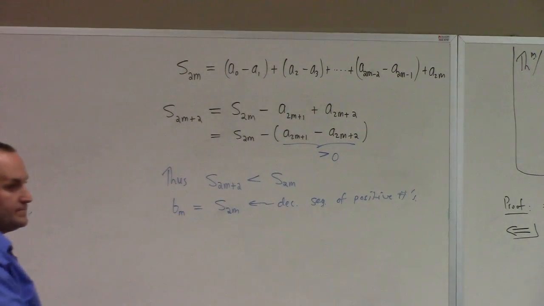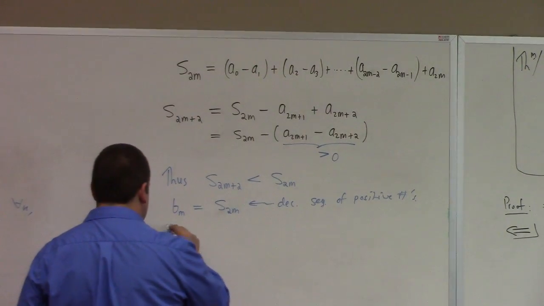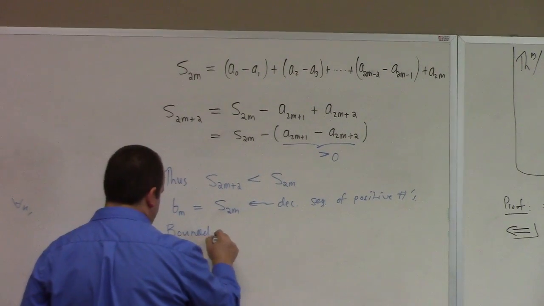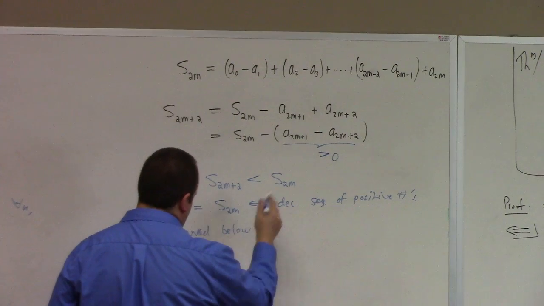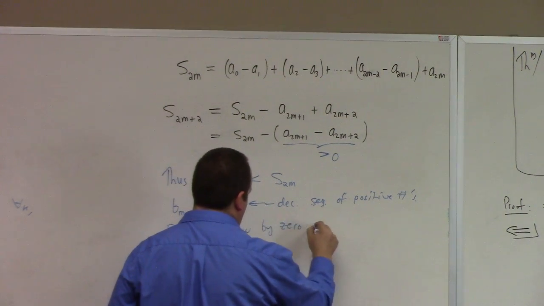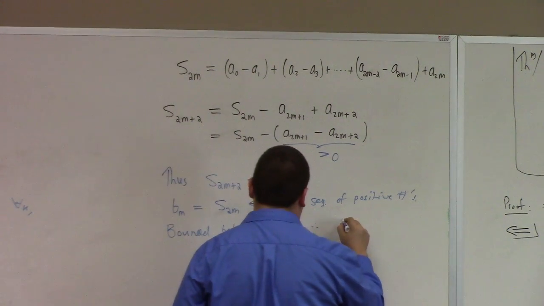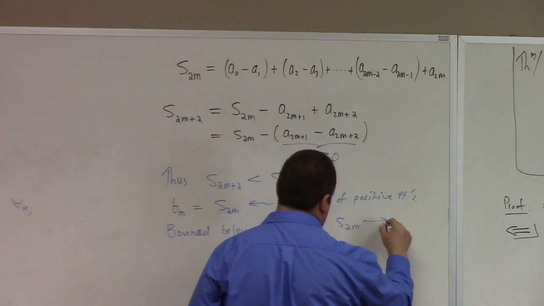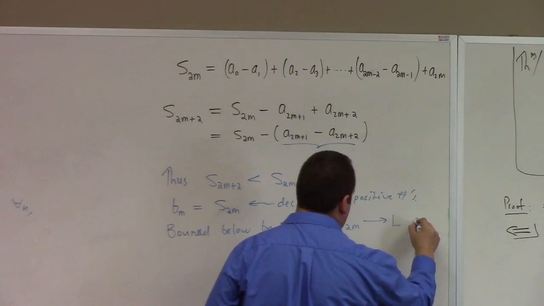So what can we say about that then? Right, it's bounded below by 0. We said it's positive, right? Bounded below by 0. Therefore, S sub 2m converges to L as m goes to infinity.